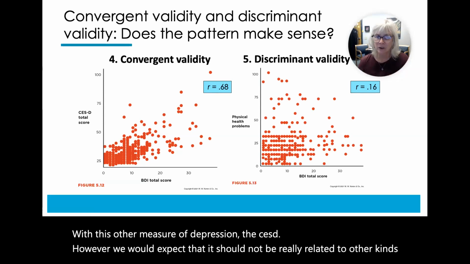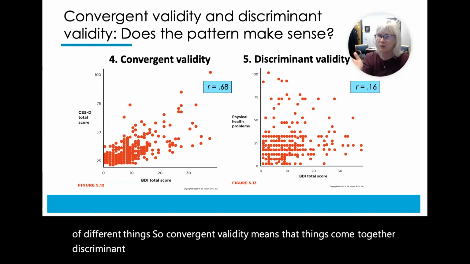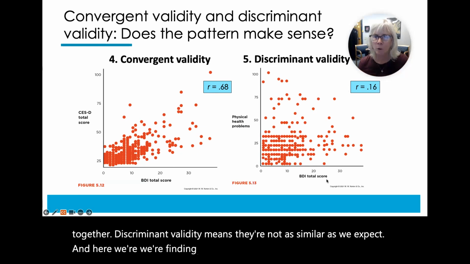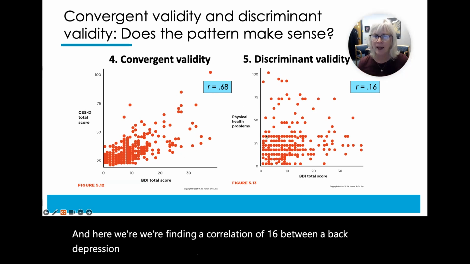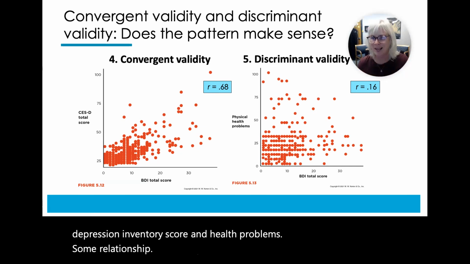So convergent validity means that things come together. Discriminant validity means they're not as similar as we expect. And here we're finding a correlation of 0.16 between a Beck Depression Inventory score and health problems. Some relationship, but not one that you'd write home to mom.